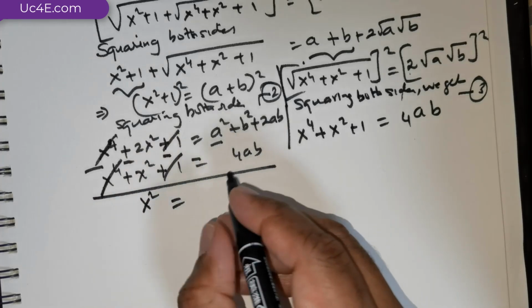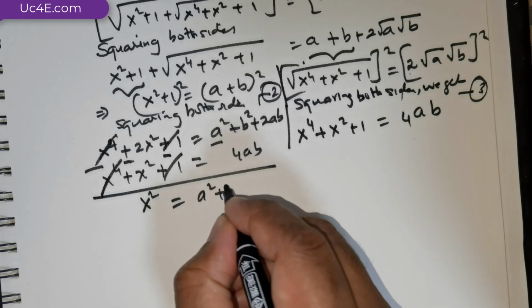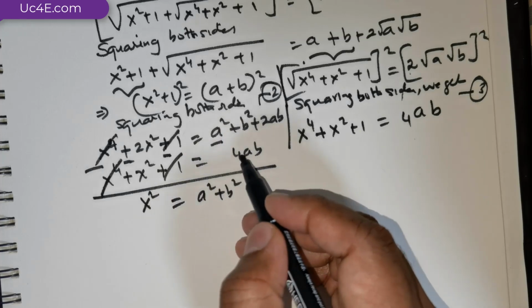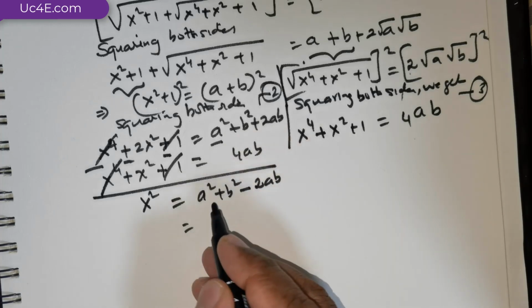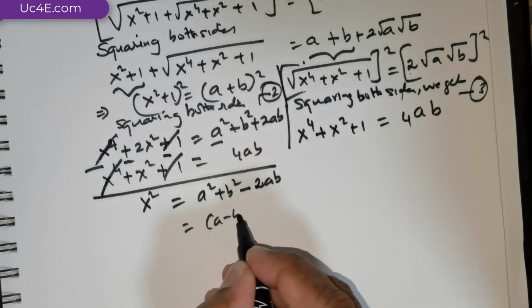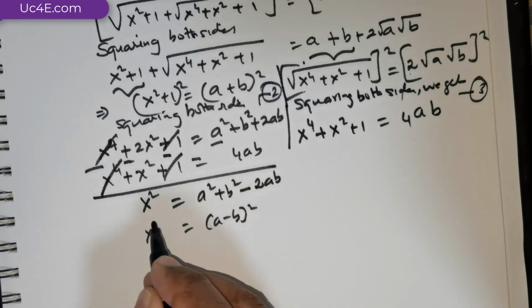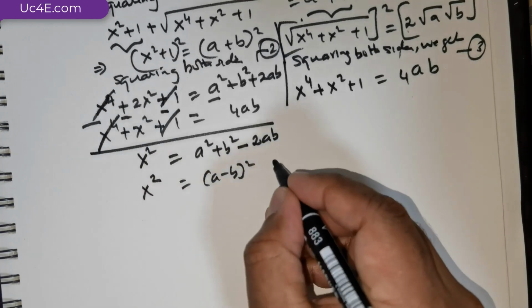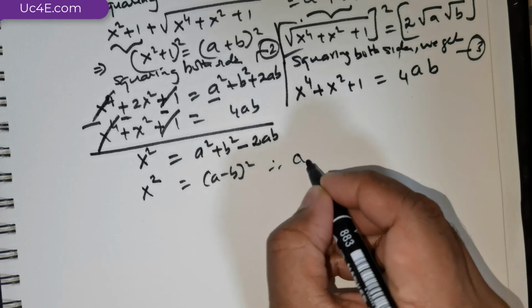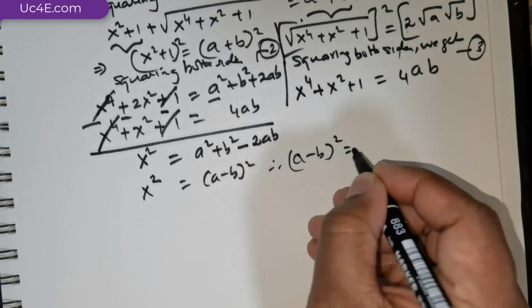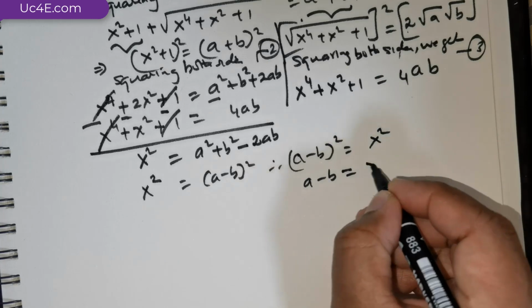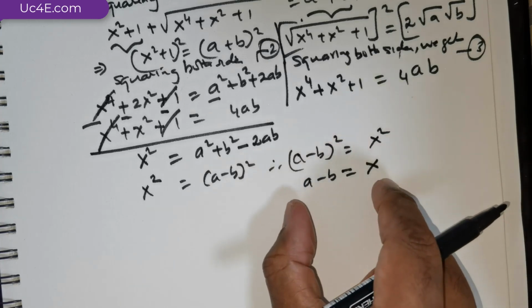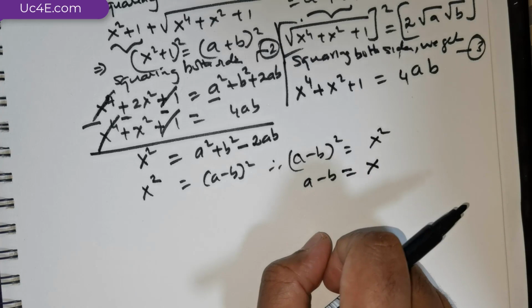Over here a squared and b squared are brought down, and 2ab minus 4ab gives negative 2ab. Now this is a minus b raised to the power of 2, and on the left you have x squared. So you can rewrite this as a minus b squared is equal to x squared. So from here you get a minus b is equal to x. So this is one equation you have got.